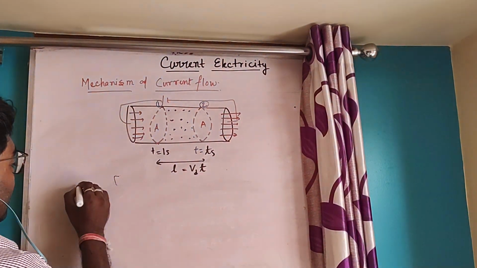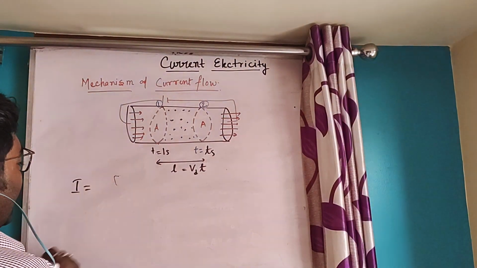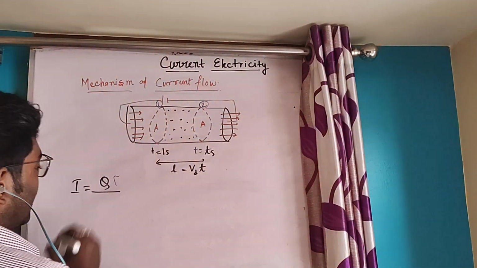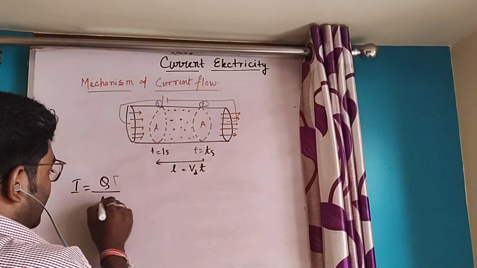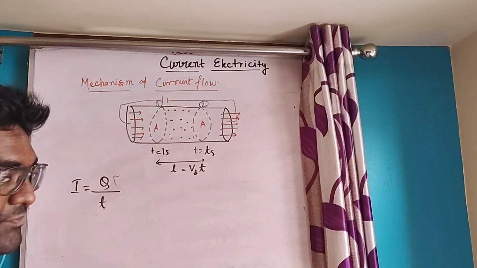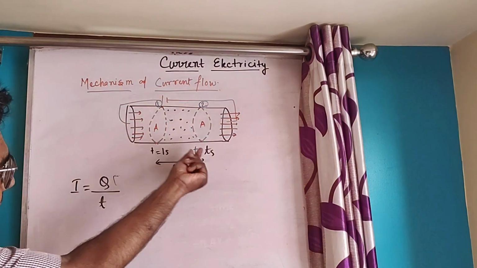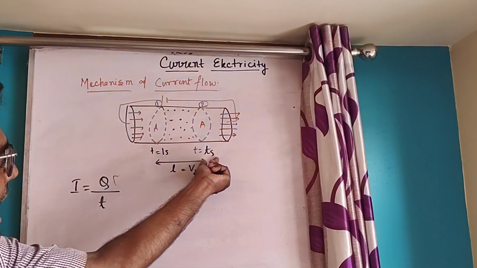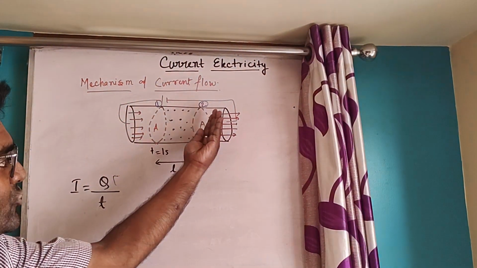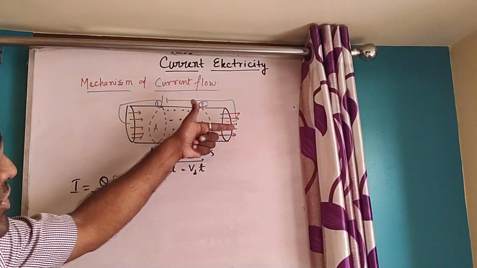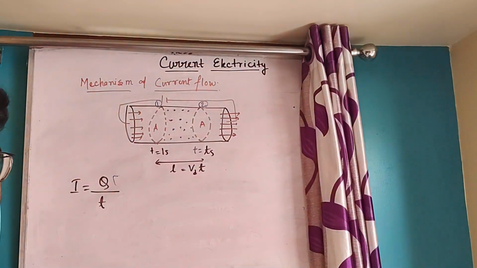What will happen? Now we know that current is equal to charge by time. That means at t second, how many electrons are passing through this surface?